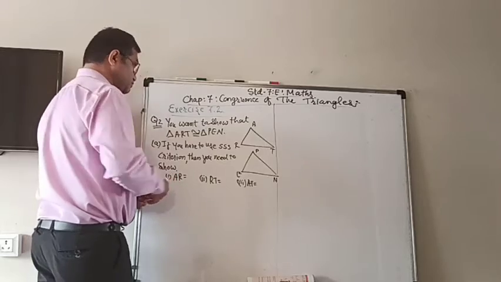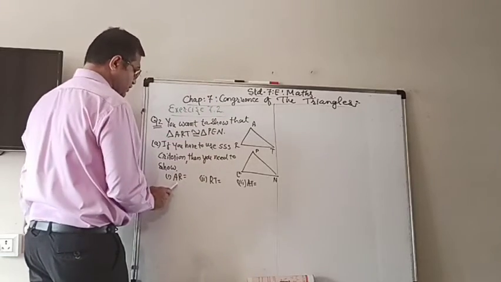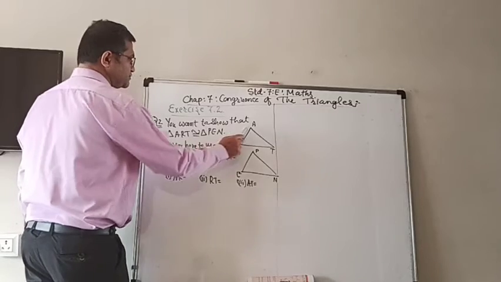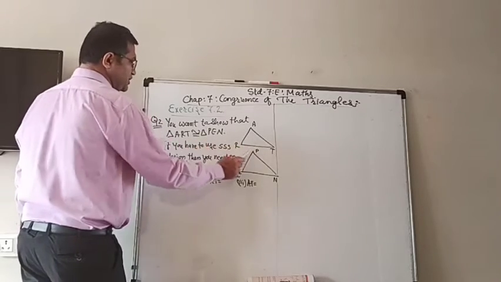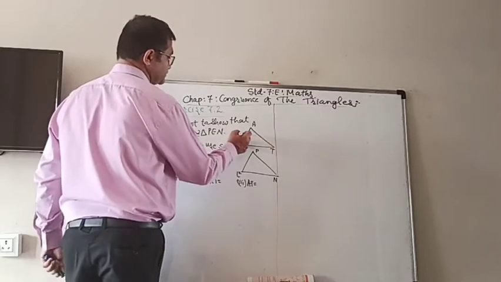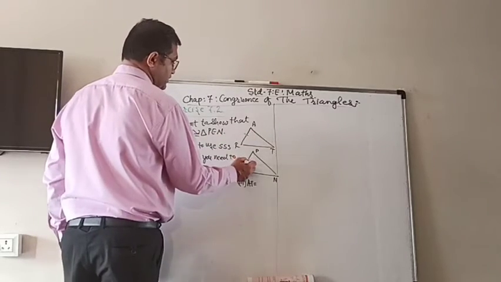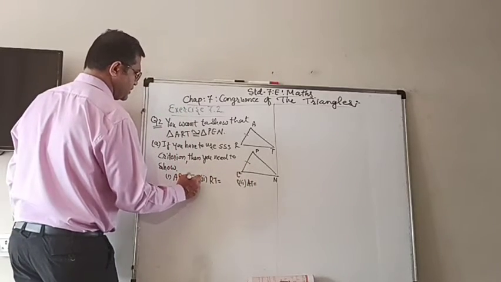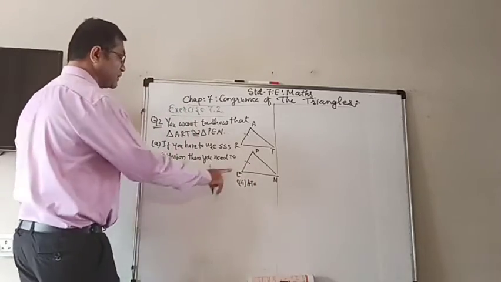Now, what can be the answers here? AR is equal to. So now we can see that ART is congruent to PEN. So AR must be equal to PE. So the answer will be PE.